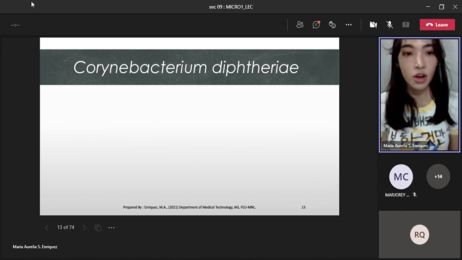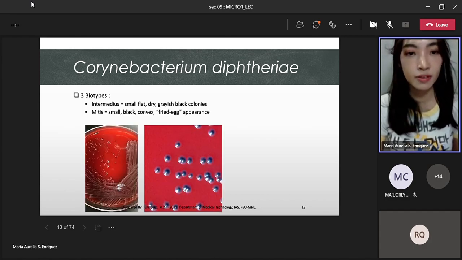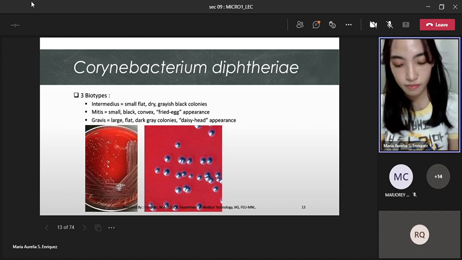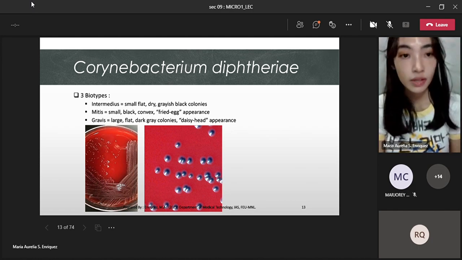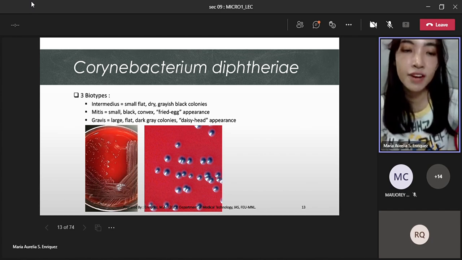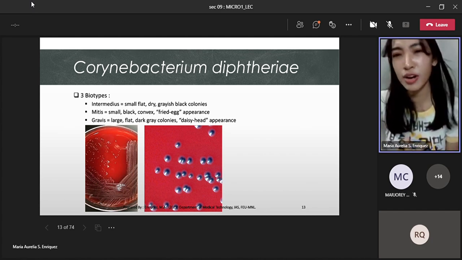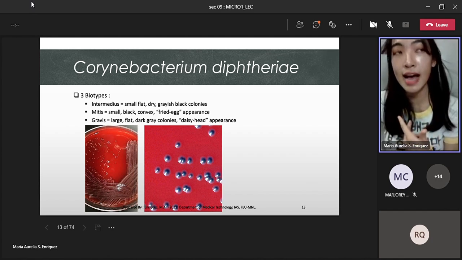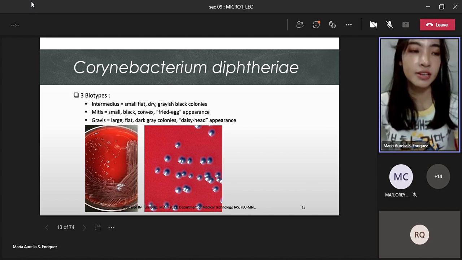Corynebacterium diphtheriae also has 3 different biotypes. Alright, 3 different biotypes. So, ang difference lang naman po nila is kung ano yung itsura ng colony morphology na mapoproduce nila. Okay? So, first up is intermedius.